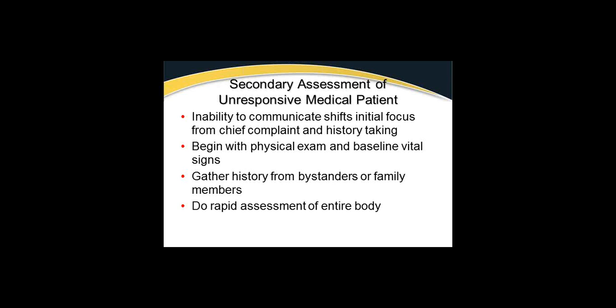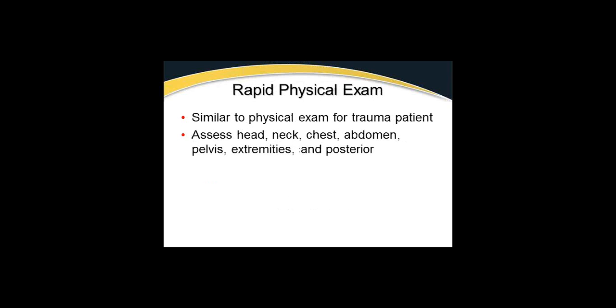So doing a rapid check: the head, neck, chest, abdomen, pelvis, genitalia as appropriate, extremities, both upper and lower, and the posterior or the back. A quick overview to let us see, is there anything jumping off the page waving a red flag at us, saying, hey, look at me, look at me. And that's the purpose of that, is we don't have the other information, we have to gather it.